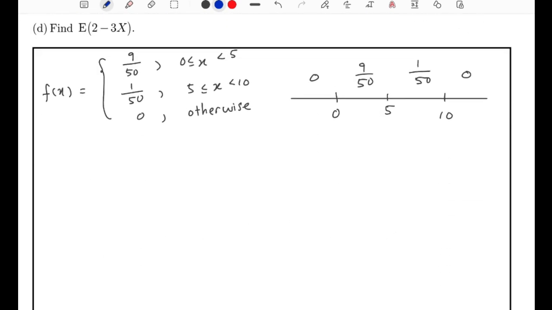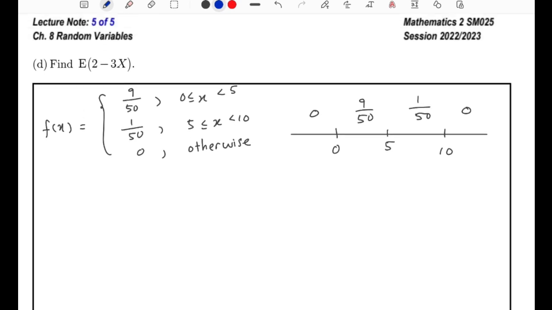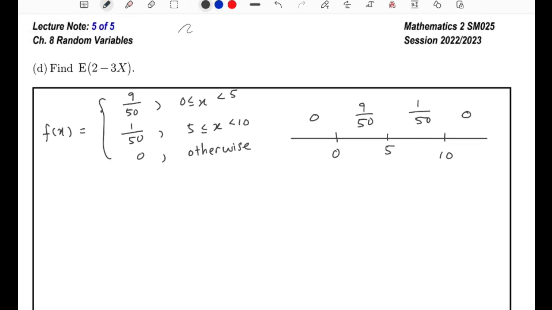Next, D. Find the E(2 minus 3X). We need to use the properties of expectation, which simply means we're going to expand it. The property says that E(2 minus 3X) equals 2 minus 3 E(X), we need to move out the 3, so we have 3 multiplied with E(X).